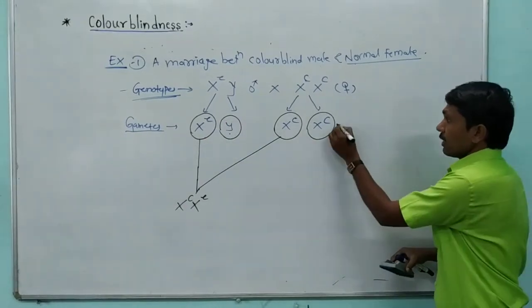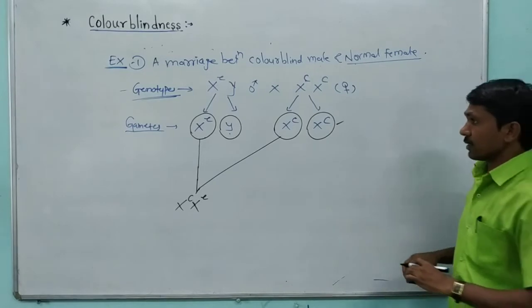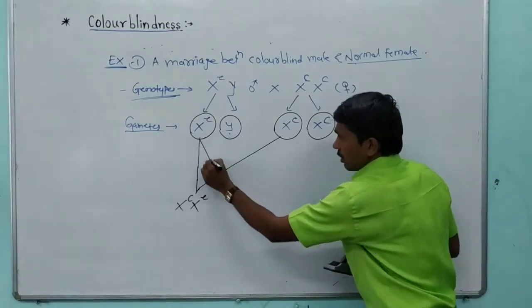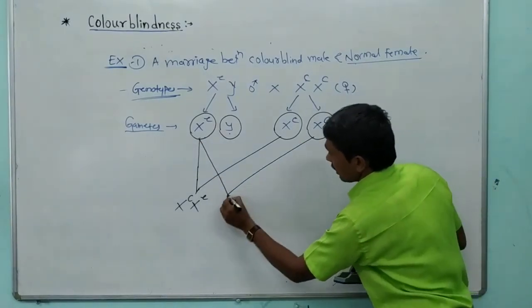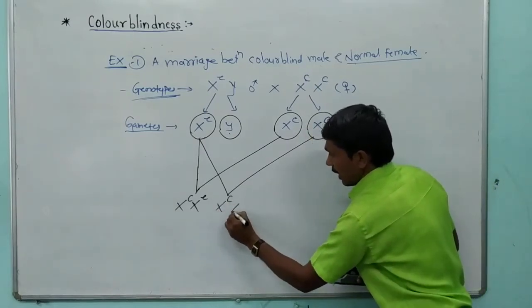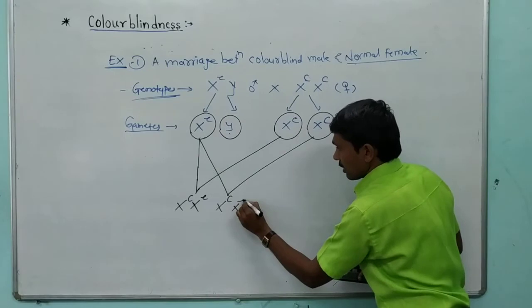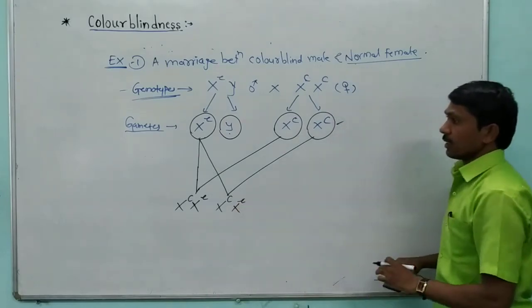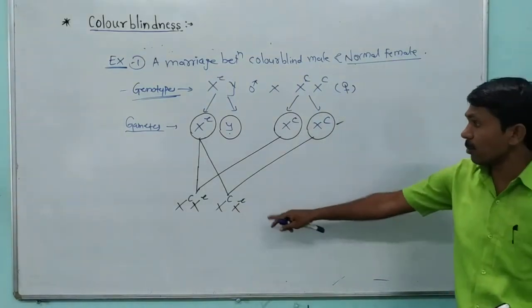Write their dominant first: X capital C and X small c, that is the second gamete in the F1 offspring.